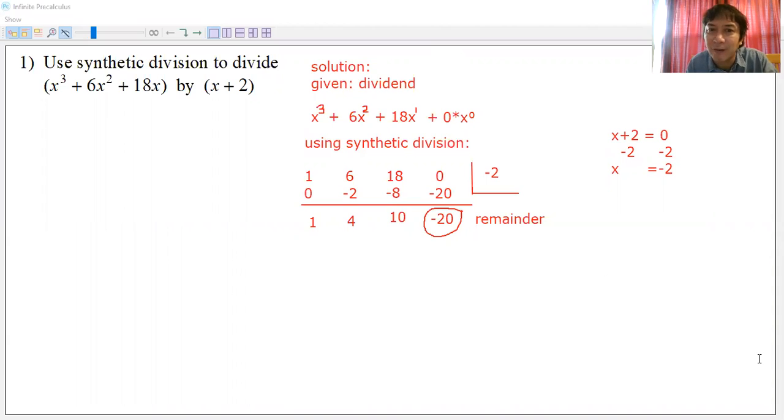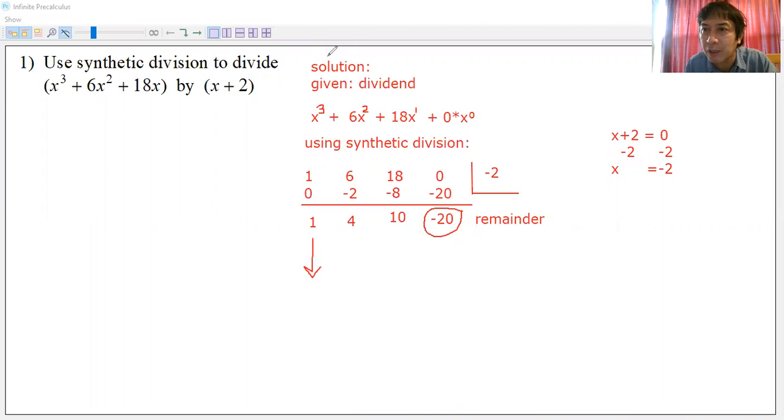There, that's it. Now remember our given dividend is x cubed plus 6x squared plus 18x. So that means the highest degree is 3. Now the resulting numbers here, that number 1 will be the coefficient of the next lower degree.